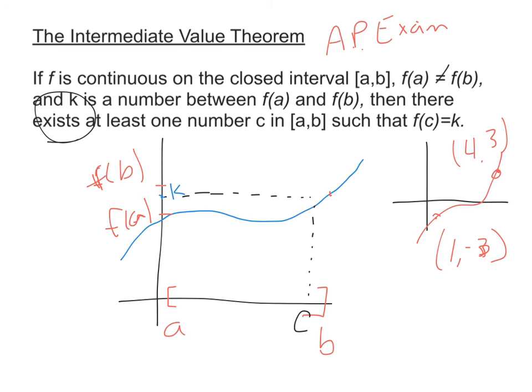Well, we've got a negative 3 and a positive 3. So we know if this is continuous, at some point it had to cross the axis. It had to equal 0. We had to have a 0 somewhere between 1 and 4. And we could find that.